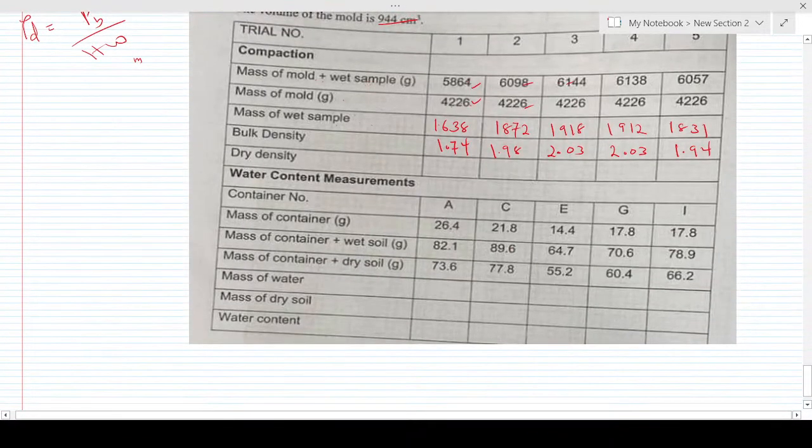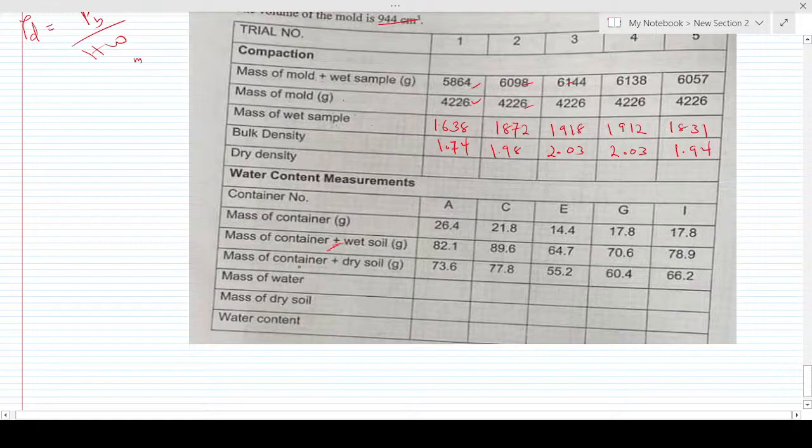Then I think we can go ahead and find. So here too, we are supposed to find the mass of the water. Now we know the mass of container plus wet sample, and we know the mass of the container plus dry sample. What differs between these two is water added to this aspect, right?